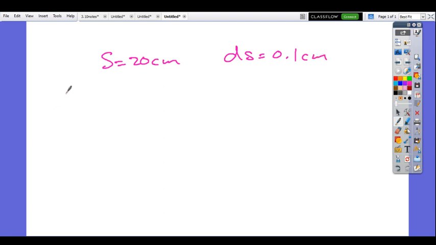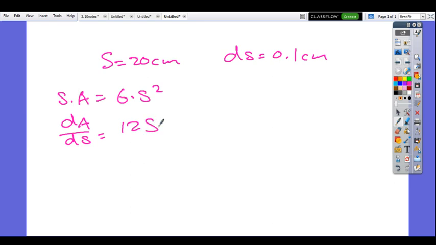The surface area of a cube is 6 times s squared. The differential dA is what we need to find. So dA over ds is 12s.